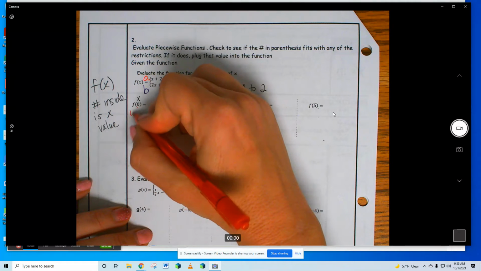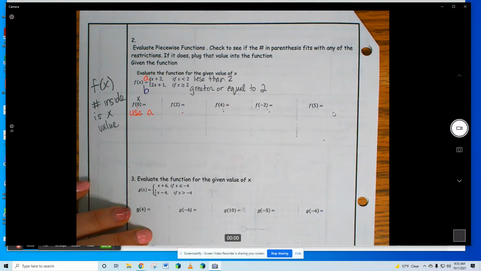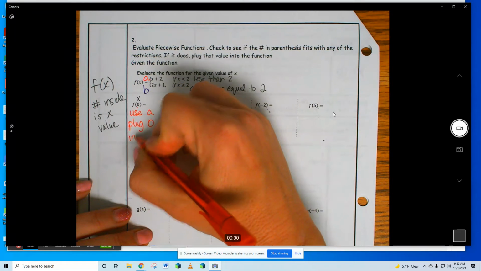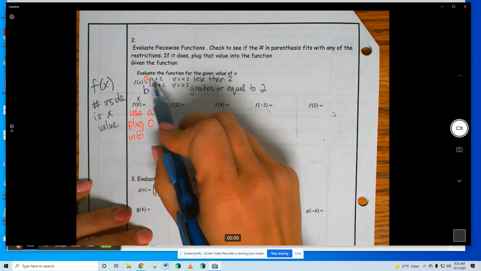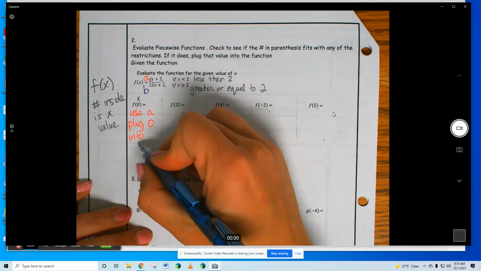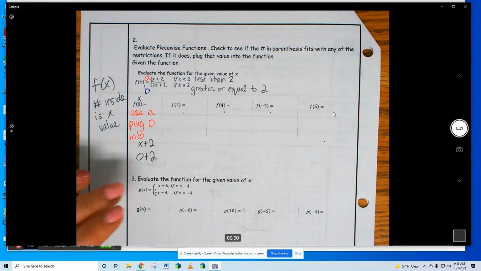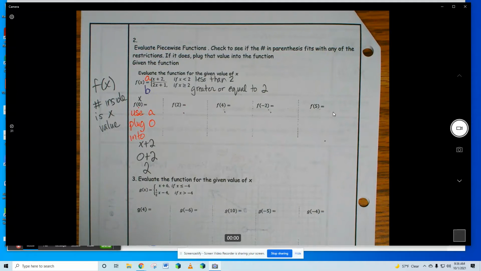So I'm going to use A, equation A. That means you plug 0 into this equation, x plus 2. 0 plus 2. And then what's the answer of 0 plus 2? 2.